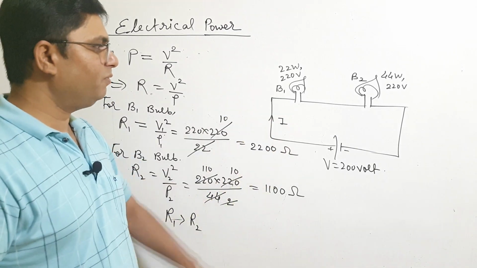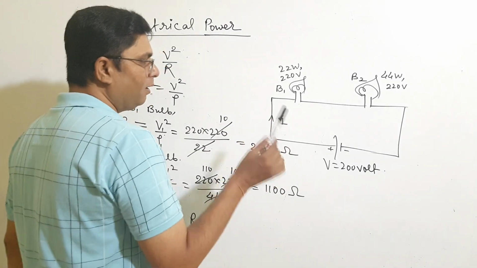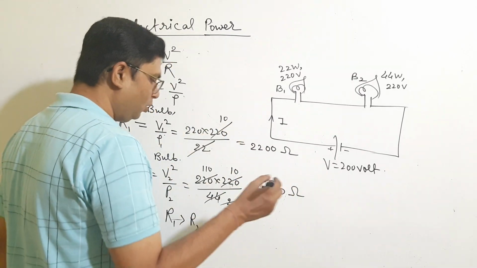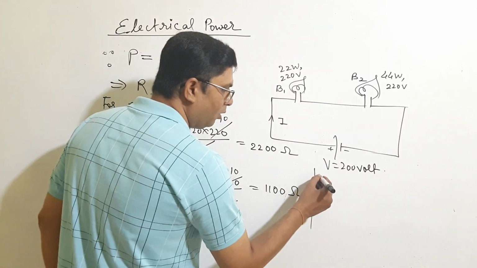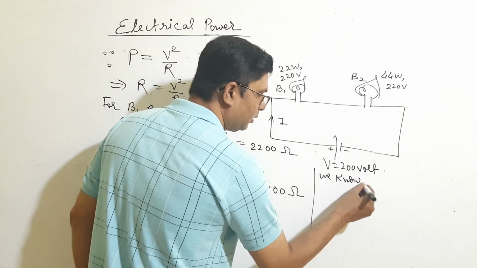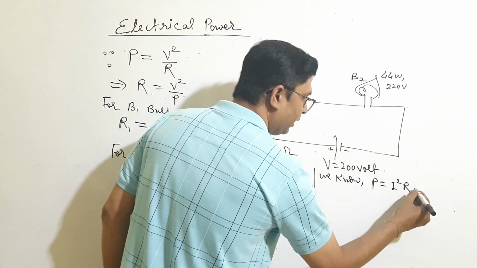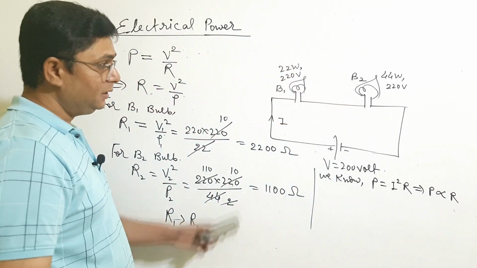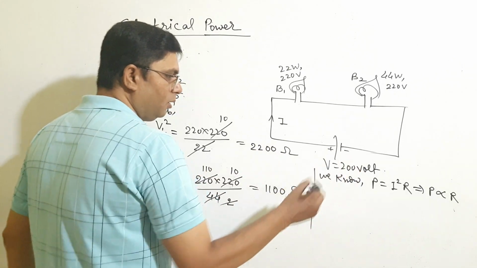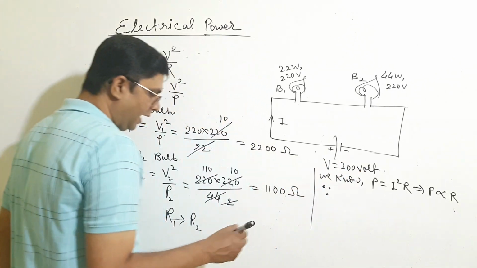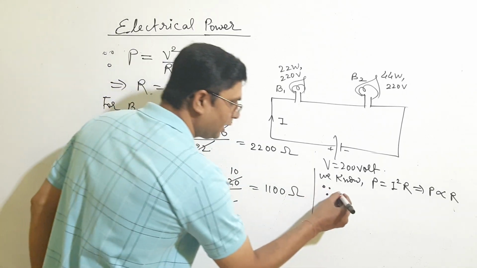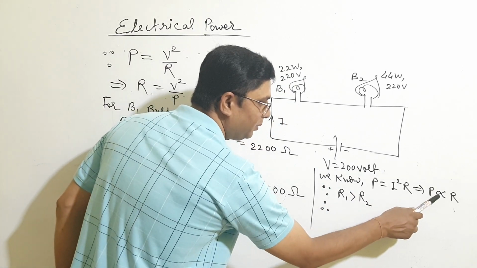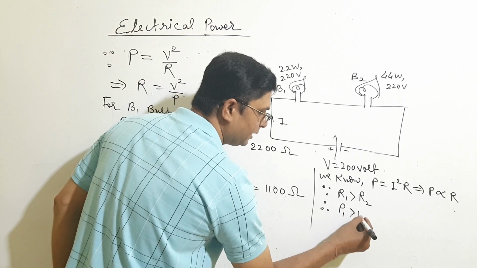Now these two bulbs have a common term, I. So when we calculate the power, we have to use the formula with I, that is I square R. Power P equals I square R. This means that P is proportional to R in the case of constant I. Since I is constant here for both bulbs, and we have seen that R1 is greater than R2, according to P proportional to R, P1 is greater than P2.